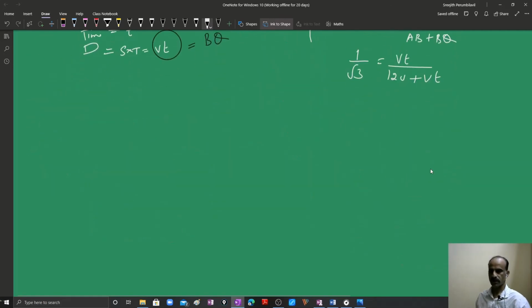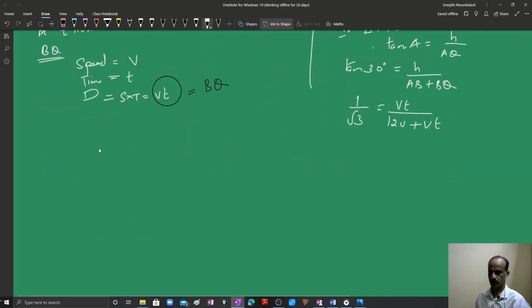When you cross multiply, we get 12V plus Vt is equal to root 3 Vt. We cancel V throughout. So 12 plus t is equal to root 3 t, or 12 is equal to t into root 3 minus 1.